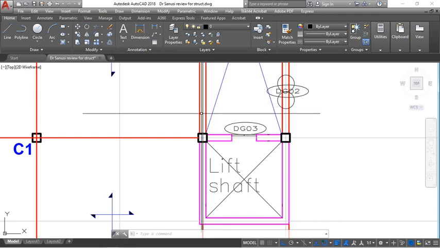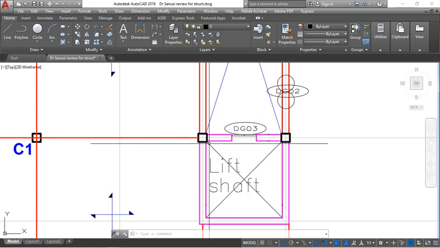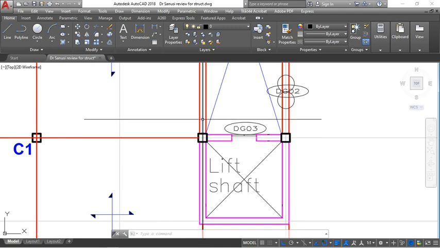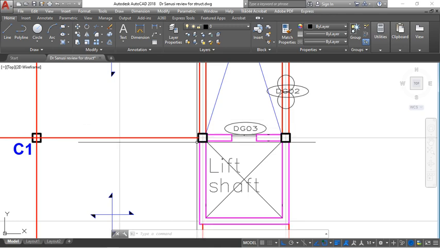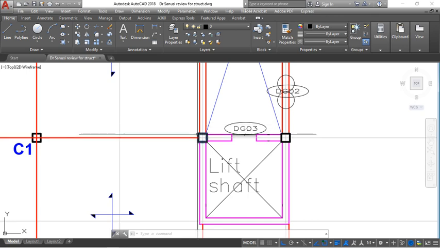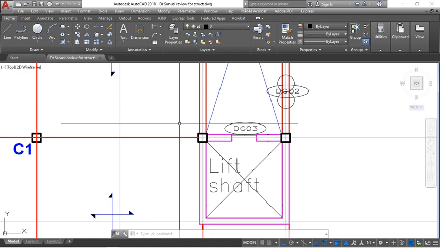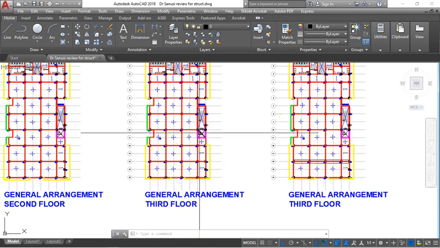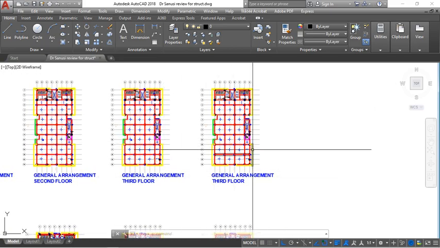So sometimes it might require you to place a column at the edges of this, or you might actually leave the wall to be joined with the beams. So design-wise, analysis-wise, there's a document to that effect that tells you what to do based on whatever model you have modeled. When we get there, we'll cross that bridge.